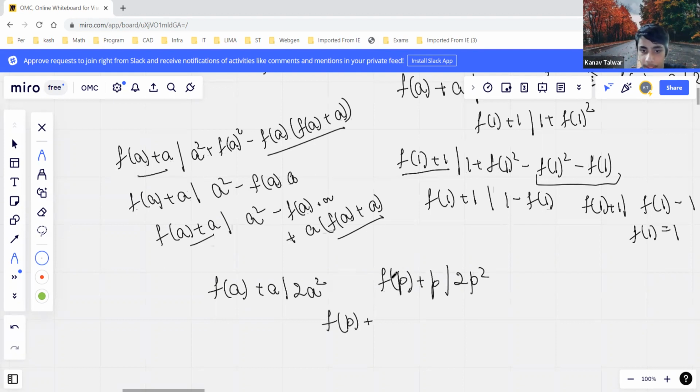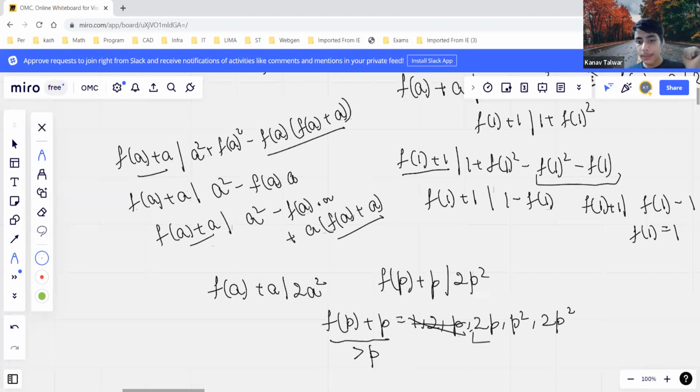So we have that f of p plus p can only possibly be 1, 2, p, 2p, p squared, or 2p squared. But note that as f is from positive integers to positive integers, this number is actually strictly greater than p. Thus we cannot have f of p plus p be equal to 1, 2, or p. So f of p plus p can be either 2p, p squared, or 2p squared.